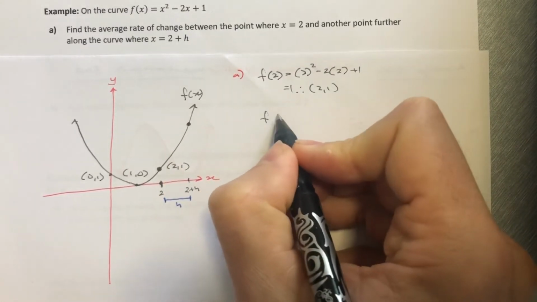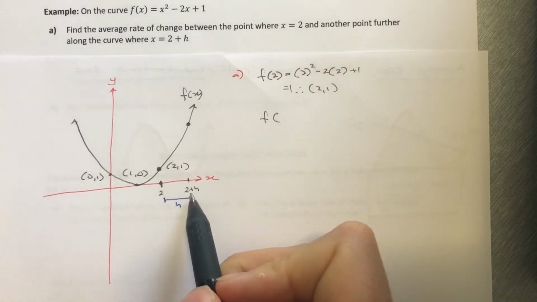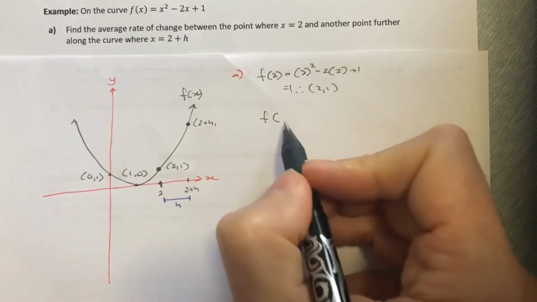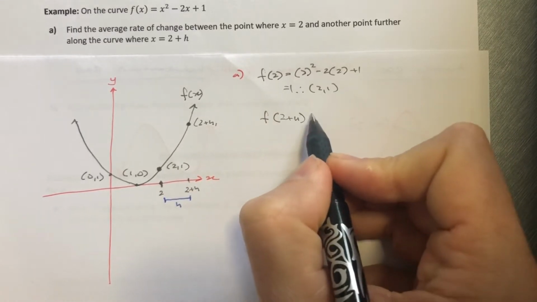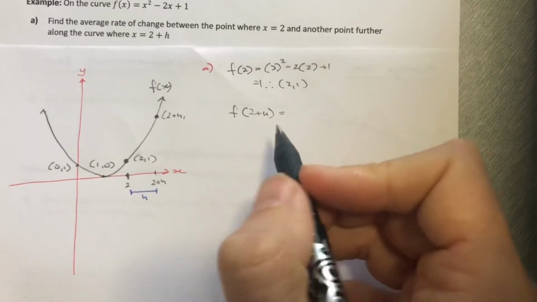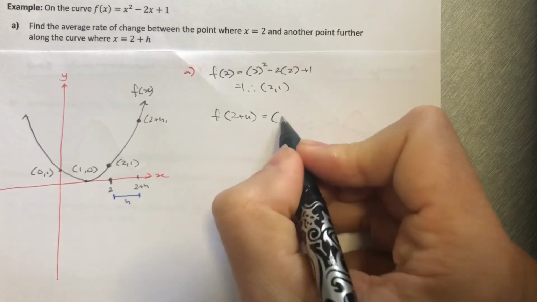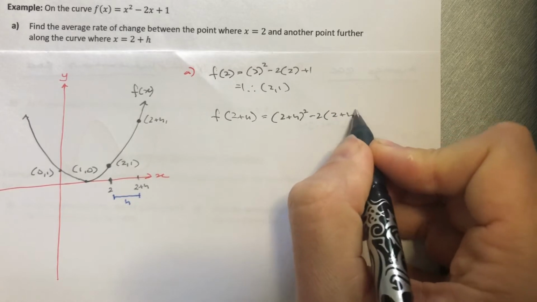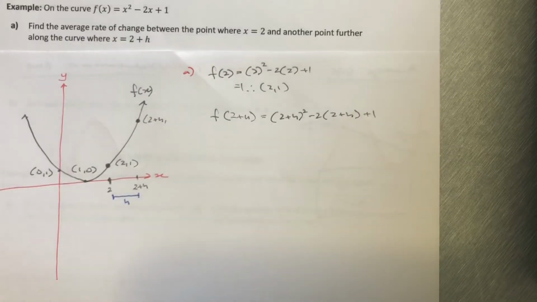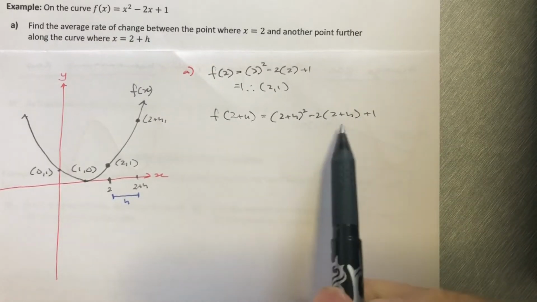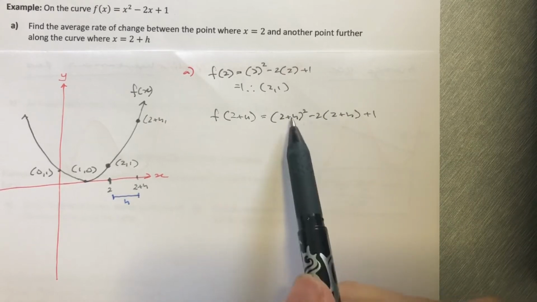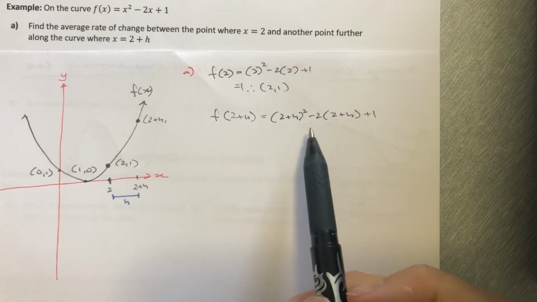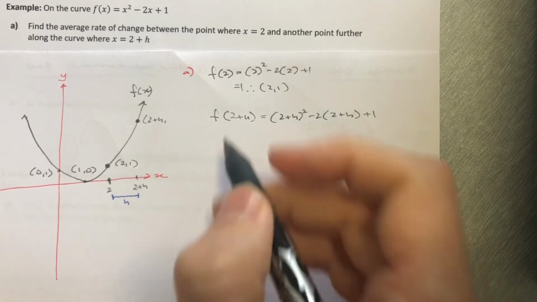And we need to find this point as well. So f of, remember the x value is 2 plus h. We need to work out what the y value that goes along with it is. So we're going to substitute our 2 plus h in. There we go. So we're going to have to make sure we can kind of expand this and then simplify. So there's going to be a fair few terms in here, but we're going to be able to put them back together.